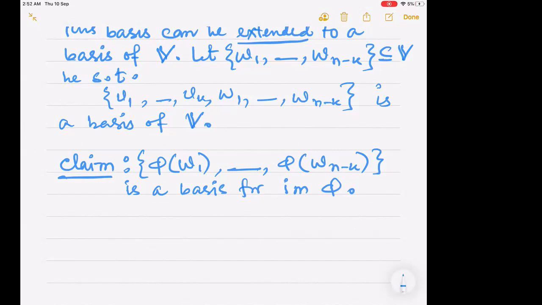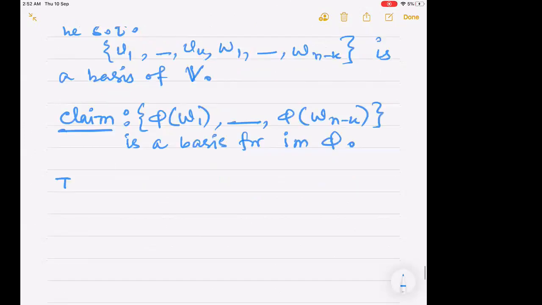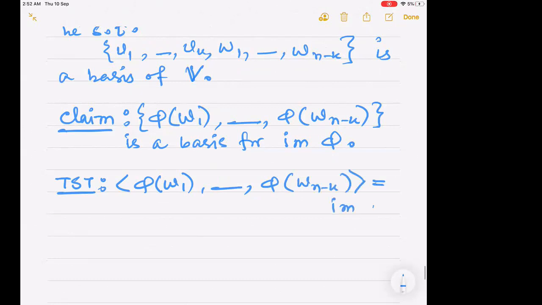We have to show that this is a basis for the image of phi. We have to show two things then. First, this is a generating set, and then it's linearly independent. So first, the span of phi w1 up to phi wn minus k is equal to the image of phi.